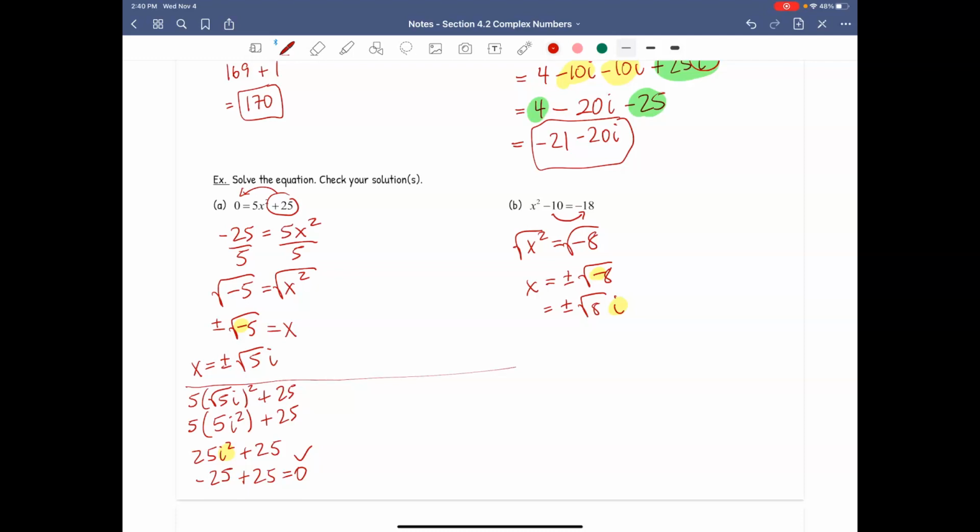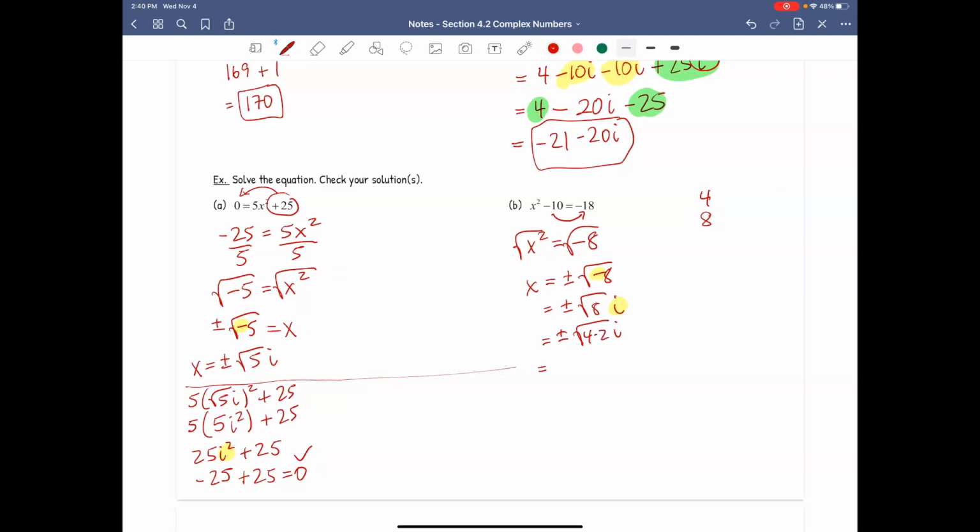Since it's not a perfect square, we need to think about all of the perfect squares that are smaller than 8. And so if we start with the first one that's smaller, that would be 4. And if I divide 8 by 4, I am going to get a whole number. And so therefore, I can rewrite the square root of 8 as the square root of 4 times 2i.